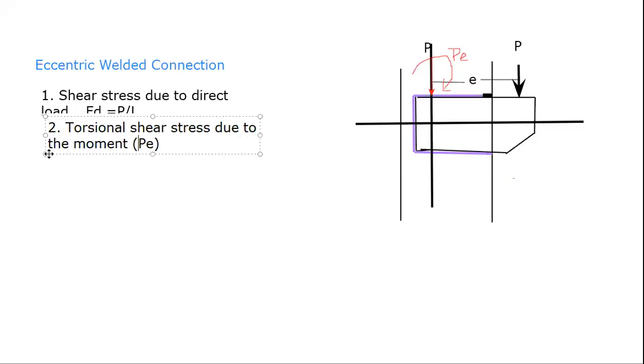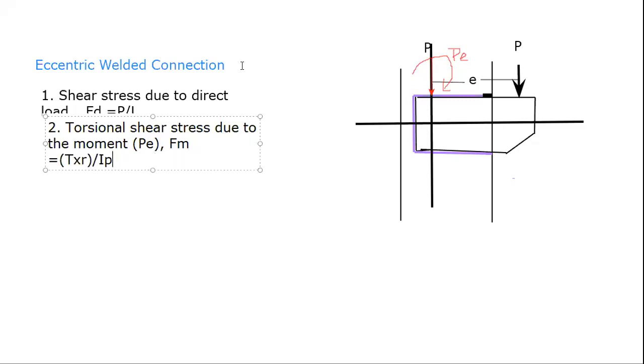So the torsional stress due to the moment PE, we can write it as Fm. And what will be the formula for Fm? It will be nothing but T into R divided by I or IP.